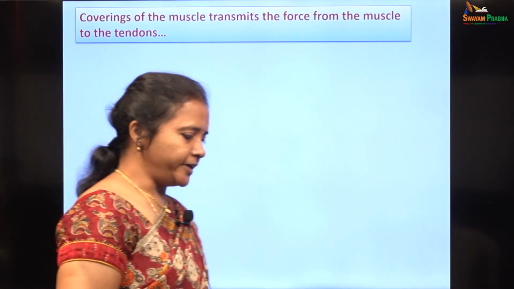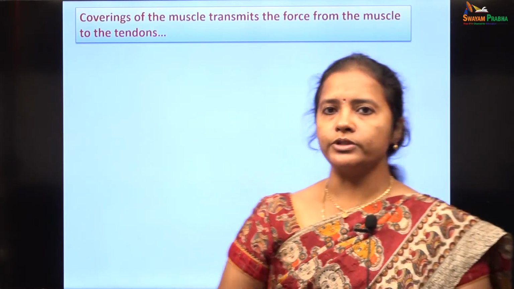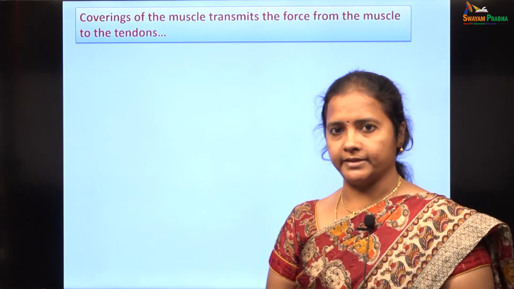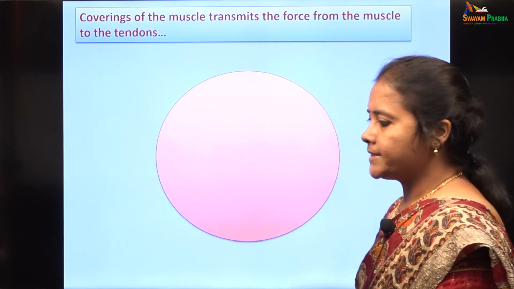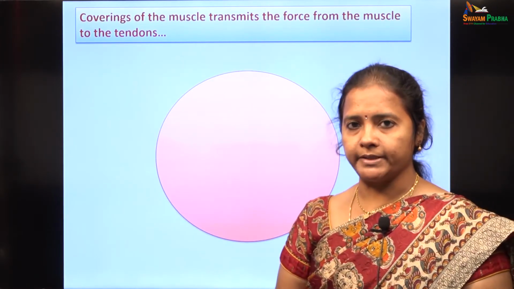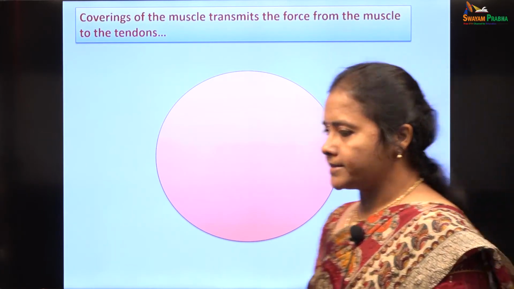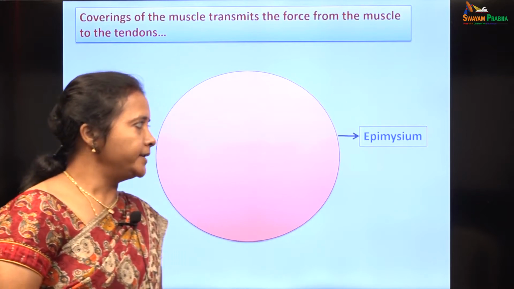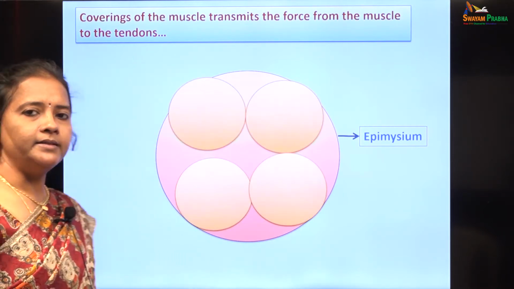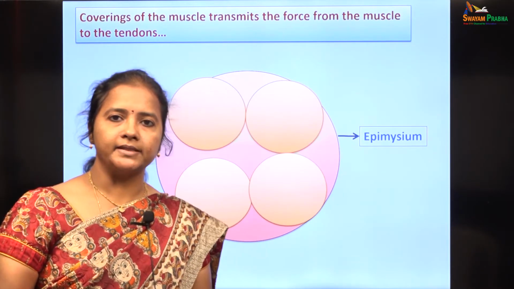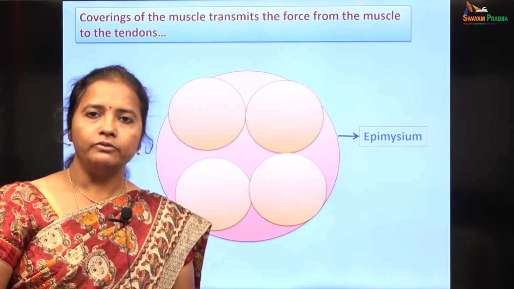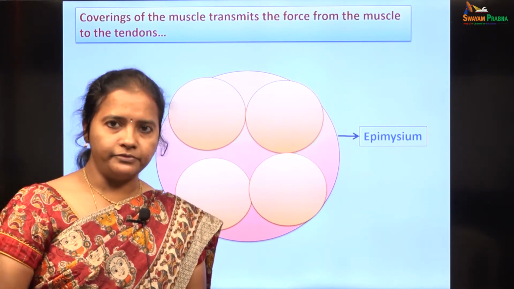So, these muscle fibers are enclosed within connective tissue coverings called epimycium, perimycium and endomycium. The whole skeletal muscle is covered by a layer called the epimycium, and this epimycium divides the larger muscle into individual compartments called bundles, otherwise called fascicles.